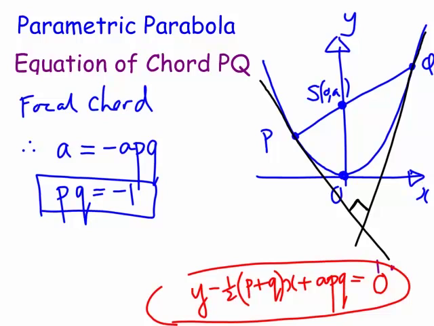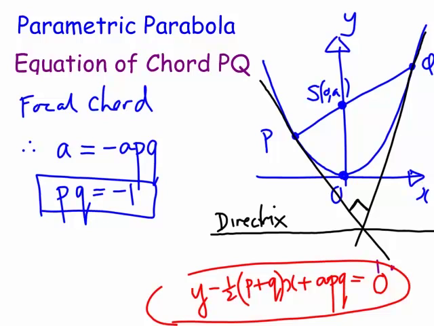If you look at the point of intersection, they should intersect at right angles on the directrix, which is a units below the vertex.